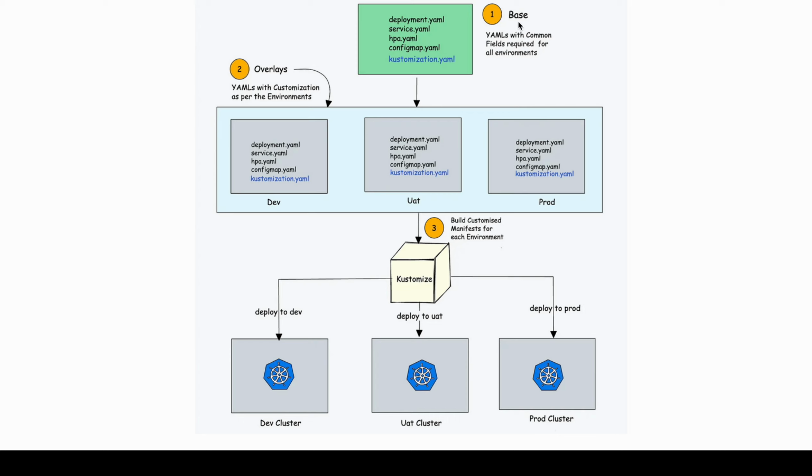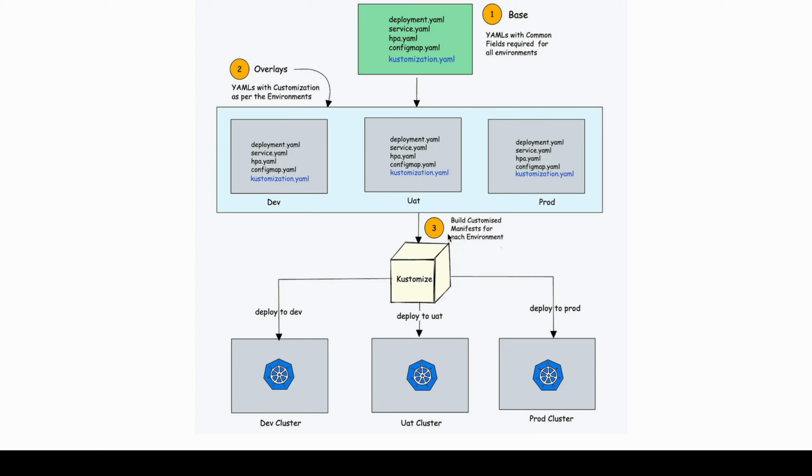So in short, you have created a set of deployment or any Kubernetes YAML manifest files with the customization.yaml. After that, you will create specific changes or the patches required for each environment or stage in overlays.